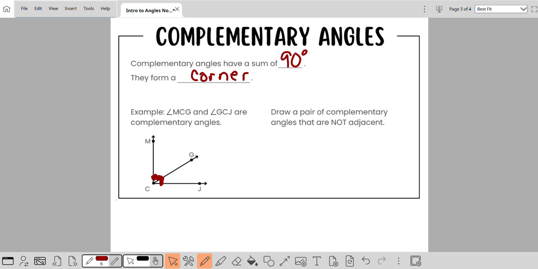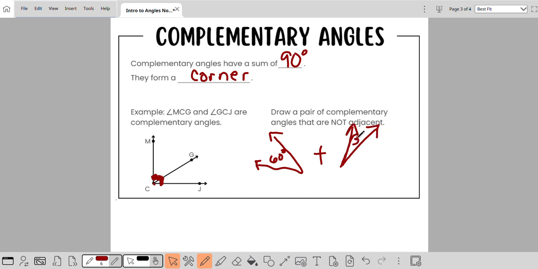Now, it wants us to draw a pair of complementary angles that are not adjacent, because these two angles here are adjacent. They share a vertex and they share this side. Okay, so let's see. I'm going to try to estimate a 60-degree angle right there. Okay, and if I add that to, say, a 30-degree angle, that's probably not the right size, but we're going to try it.